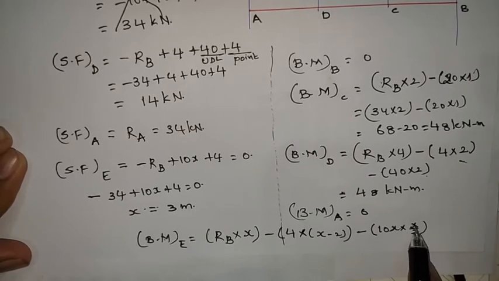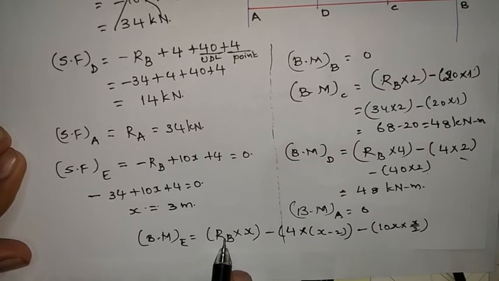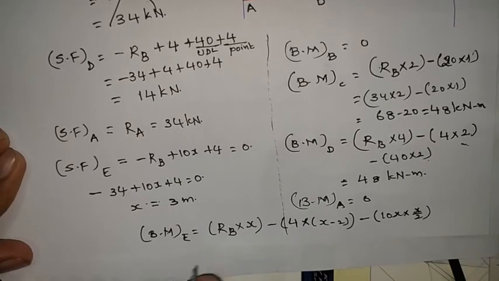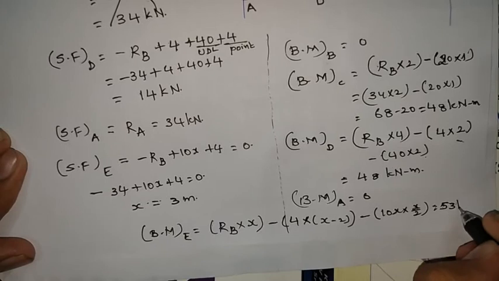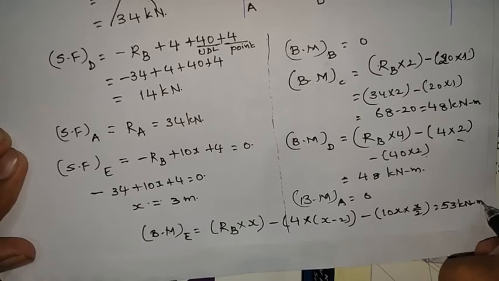So substitute X equals 3 and RB as 34. Then we will get it as 53 kilonewton meter, right?